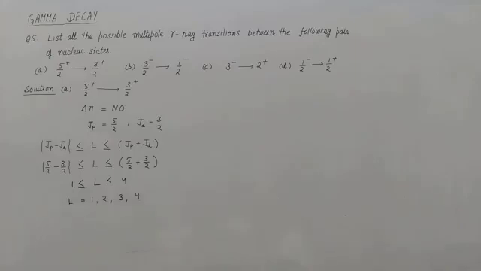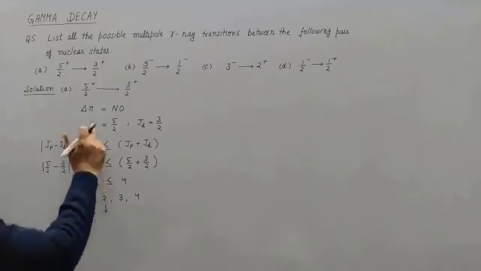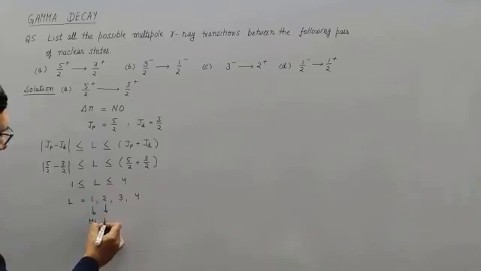So when we are choosing the value of L and there is no change in parity, then what type of multipole transition is this? Corresponding to L equal to 1 and no change in parity, this is M1 type of transition. L equal to 2 with no change in parity, this is E2 type of transition.